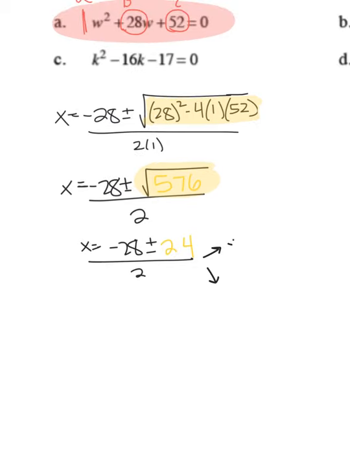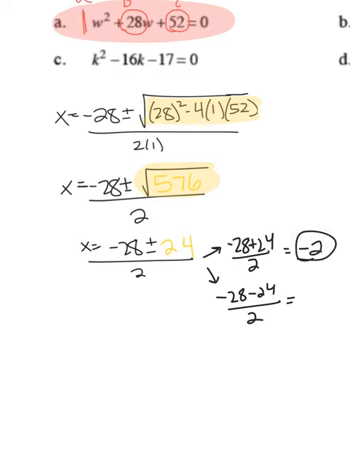Once when we're doing negative 28 plus 24 and dividing by 2, and once we're doing negative 28 minus 24 and then dividing by 2. So our first answer, negative 4 divided by 2, is negative 2 as an x-intercept. And our second answer is negative 26.